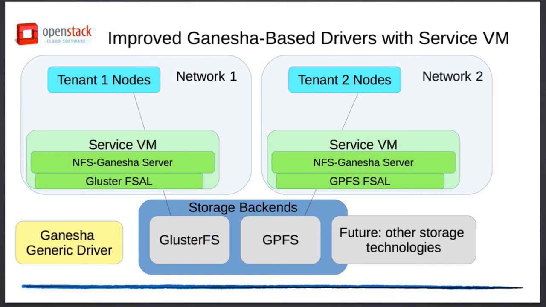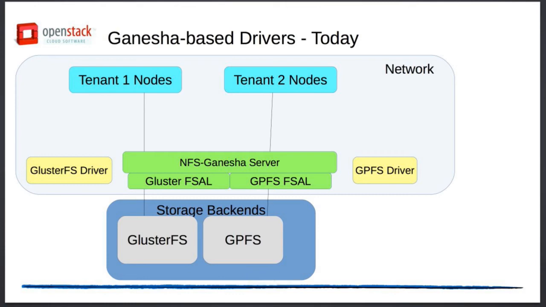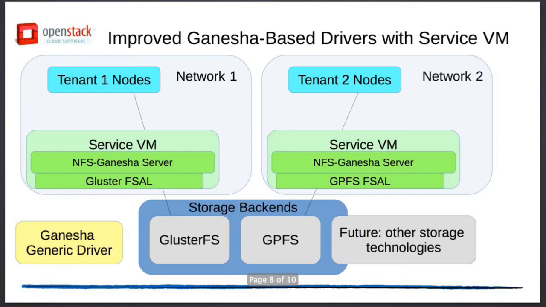But instead of the kernel NFS server, we want to run the NFS Ganesha server on the service VMs. So basically, here was this kind of diagram. We take that green box of it and sort of upload it to the service VM. And that way, we can connect to any storage backend that is supported by Ganesha.